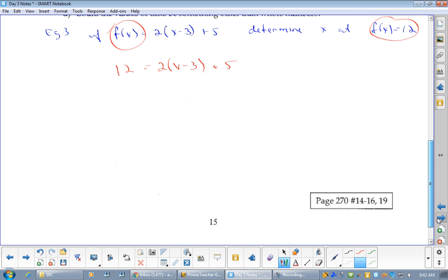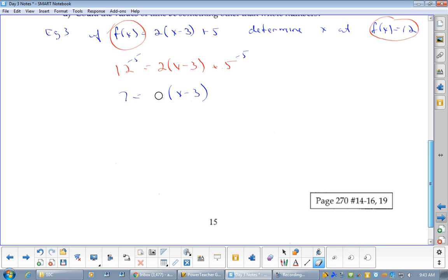Now what do we have to do? We've got to get x by itself. So how do we do that? Yep. We are going to subtract 5 first. Right? It's BEDMAS backwards. You always do BEDMAS backwards when you're doing algebra. So 12 minus 5 is 7 equals 2 times (x minus 3).